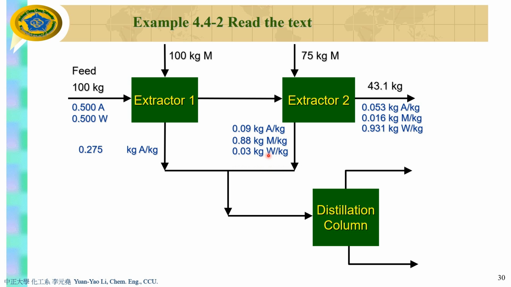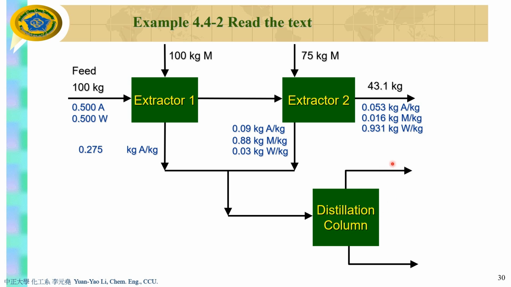And the last sentence in this paragraph: the overhead products from the distillation column contain 2% MIBK, 1% water, and balanced acetone. So the overhead products from the distillation column, where is that? This one, right? This is the top stream. This is the bottom stream of the distillation column.